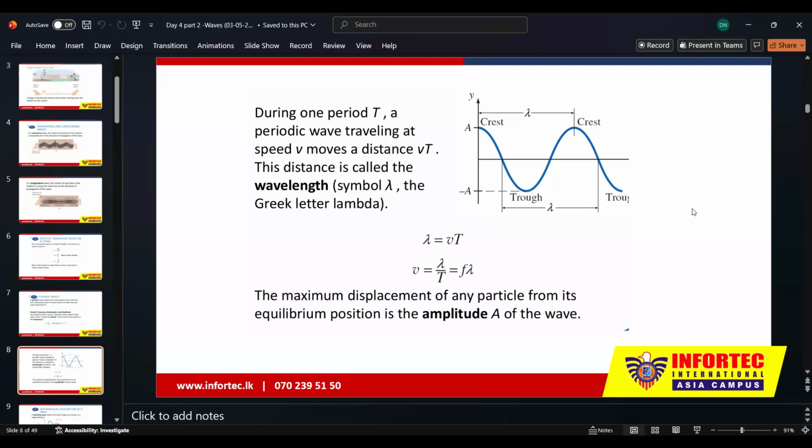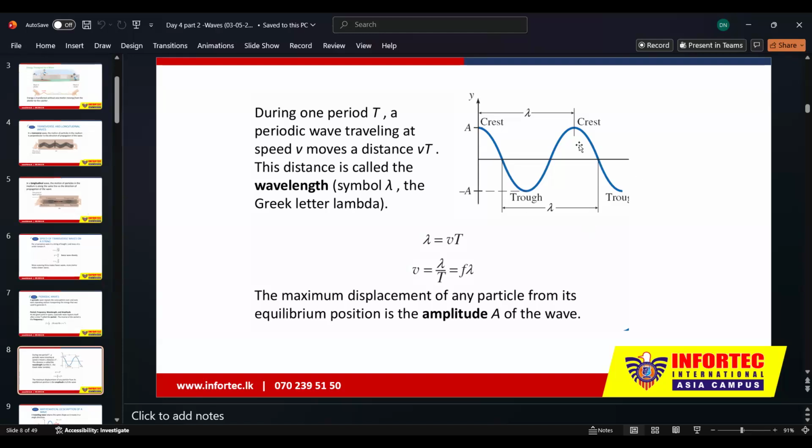Sometimes we can find the lambda value. And the same graph can give position versus amplitude, and also time versus amplitude. On the left-hand side, amplitude versus time, and the other one, amplitude versus position. Amplitude is y and position.